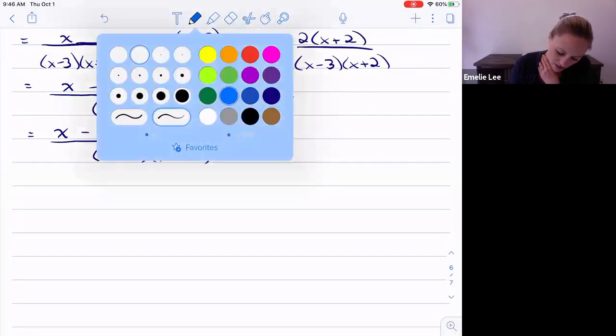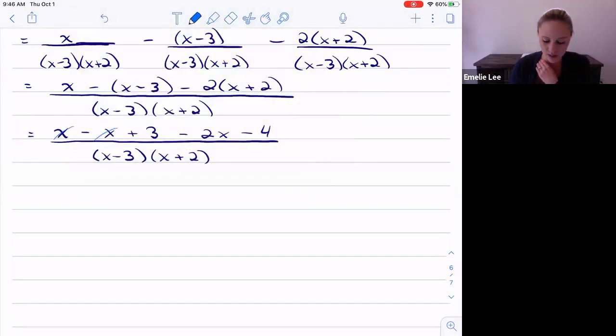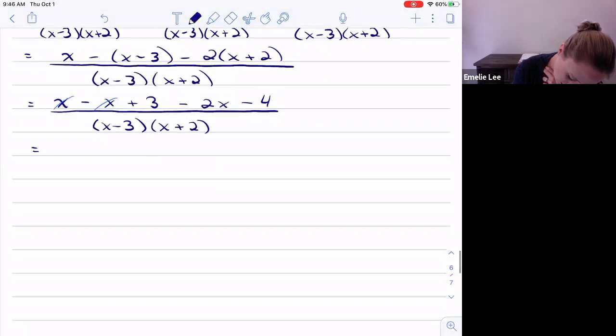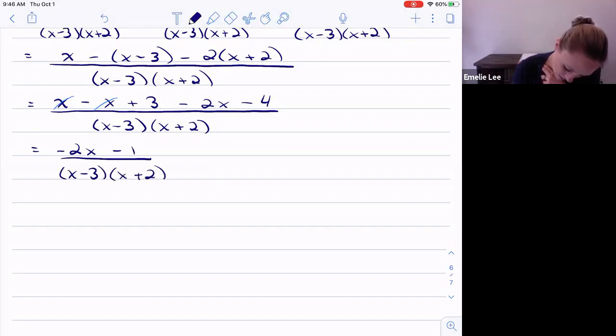The x minus x, well, those go away. 3 minus 4 puts me at negative 1, right? So if I want to write the 2x first, negative 2x minus 1. Let's see where we end up here. Negative 2x minus 1 divided by (x minus 3)(x plus 2).